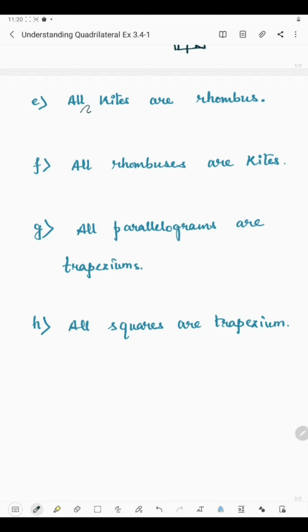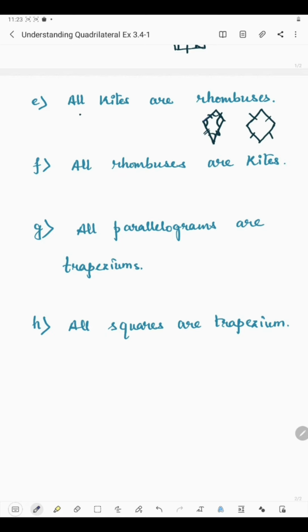In E part we have: all kites are rhombuses. We can say that all rhombuses are kites, but all kites are not rhombuses. This is a kite in which opposite angles are equal, and in a kite consecutive sides are equal, and in a rhombus all sides are equal.